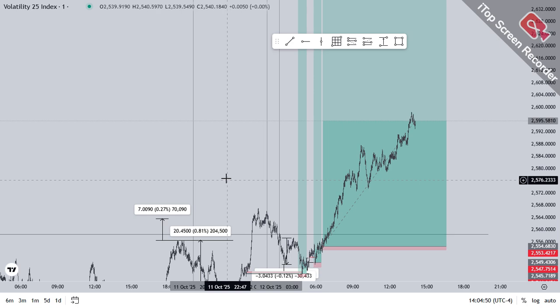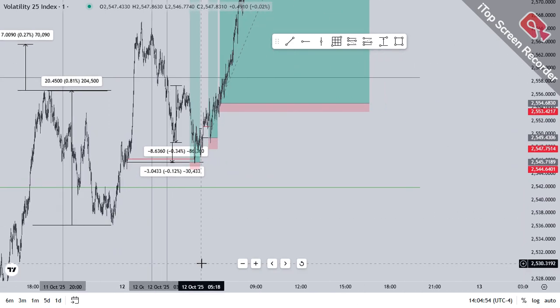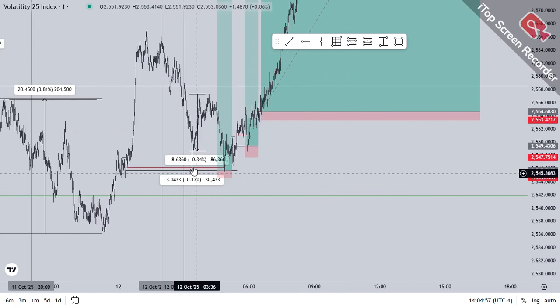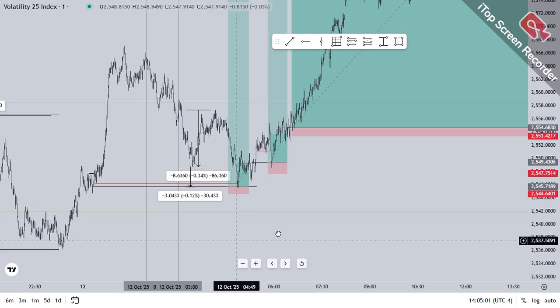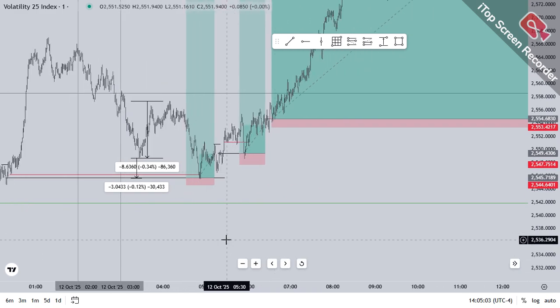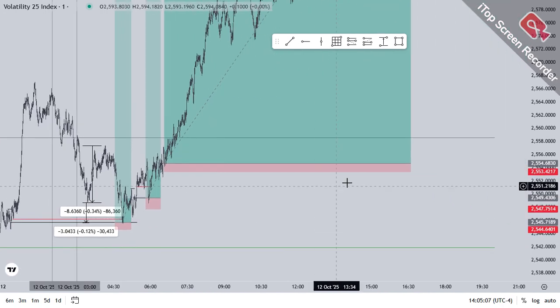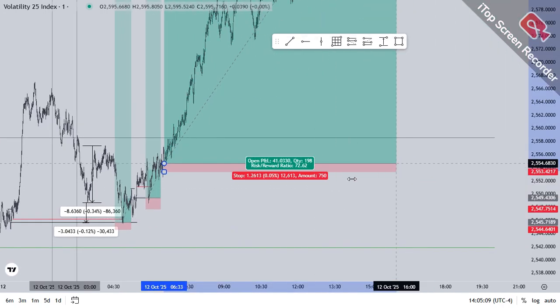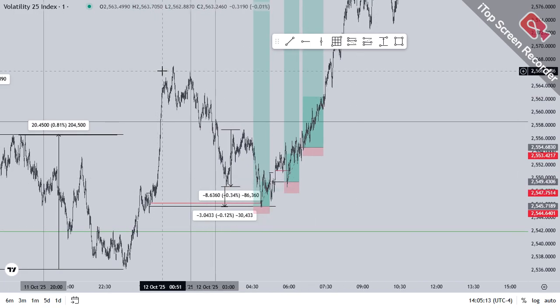So the mathematical formula combined with ICT. I didn't even show more of ICT on this particular setup. Just MSNR, Malaysian support and resistance, was the play here, right? We only had that fair value gap that led to the push to the downside.